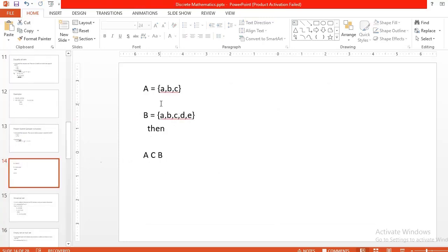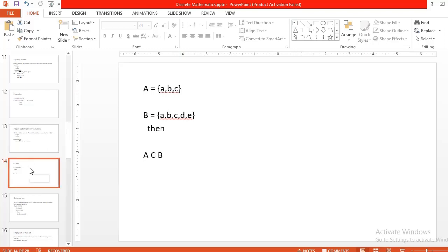See one example. Suppose set A contains the 3 elements a, b, c, and set B contains a, b, c, d, e.